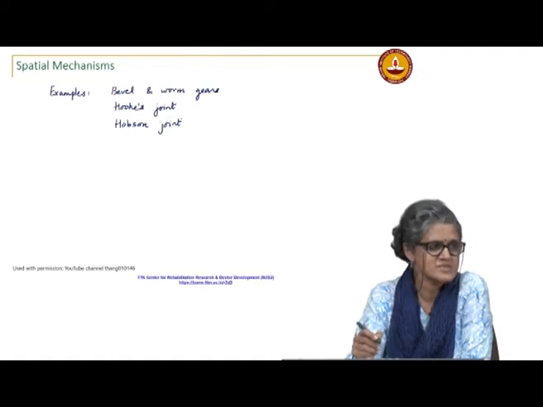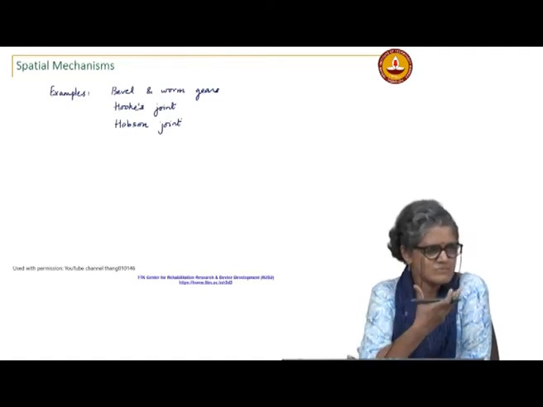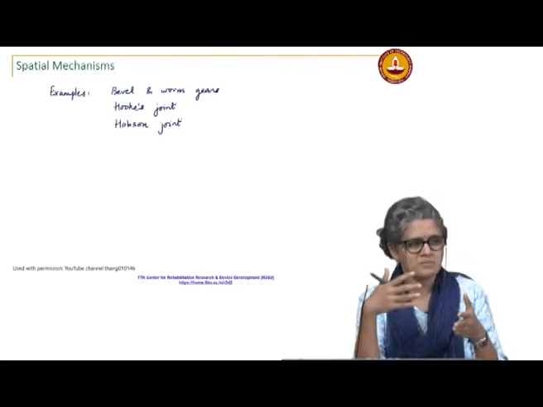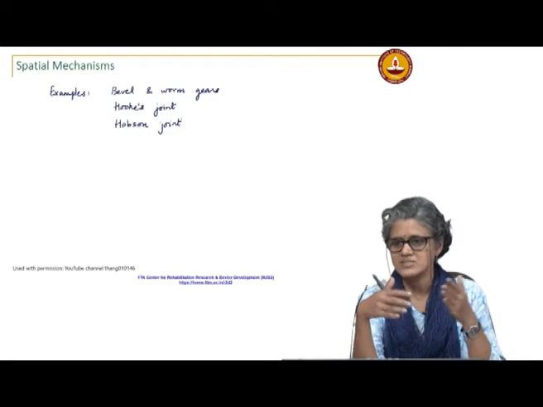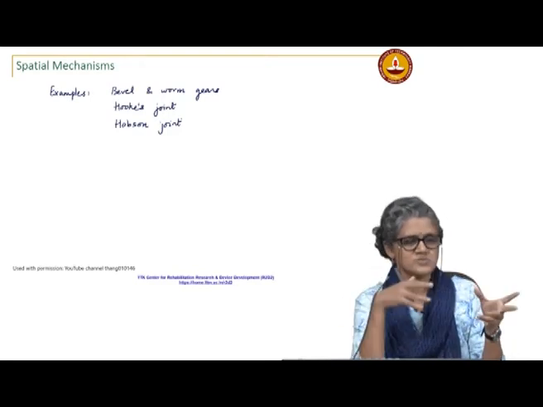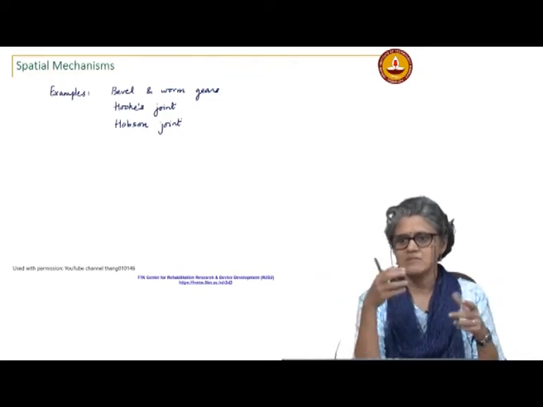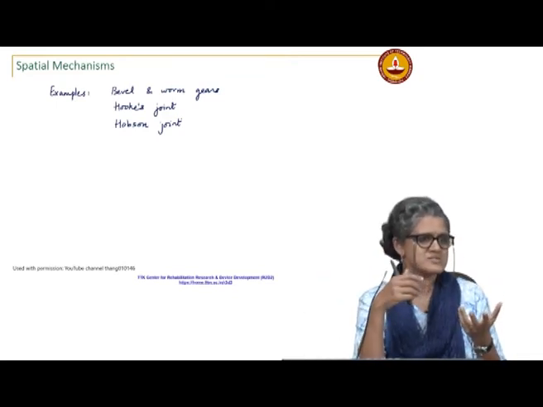CV joints, yes. A lot of these transmission joints, where you have shafts whose axes may intersect or may not intersect, all kinds of combinations. When you want to transmit rotary motion from one shaft to another, a lot of these joints are actually spatial mechanisms.